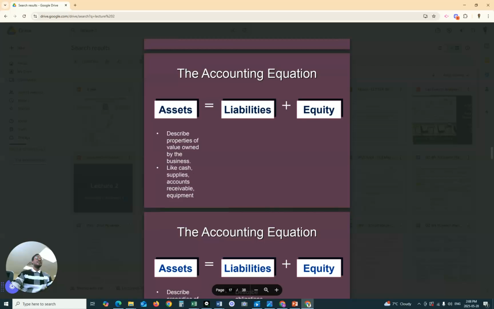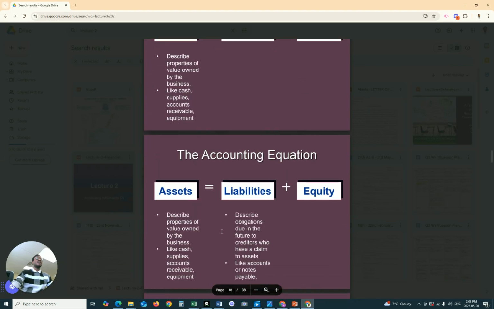Then liabilities describe obligations due in the future to creditors who have a claim to assets, like accounts payable, notes payable, loans. They are indebtedness of the firm to outsiders and are to be paid in the future.